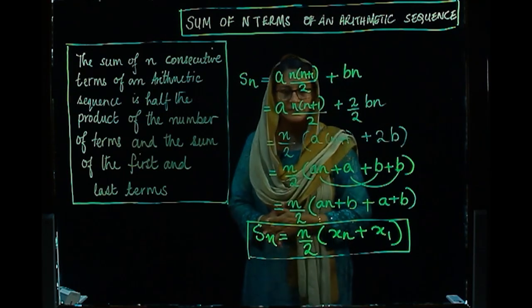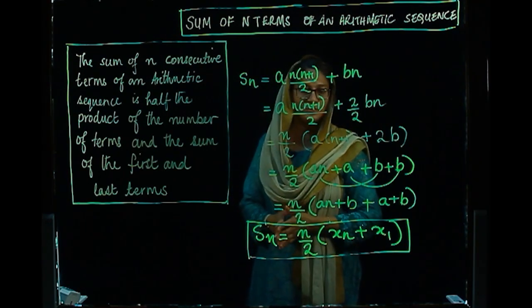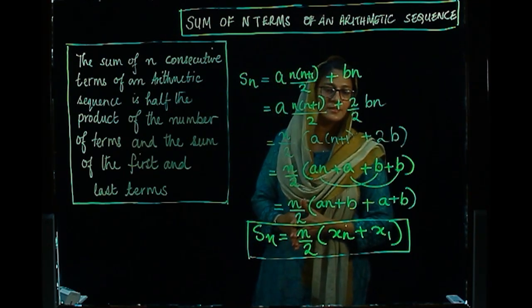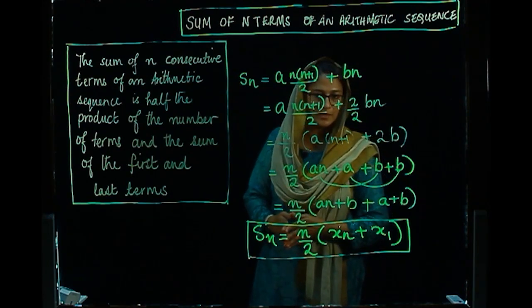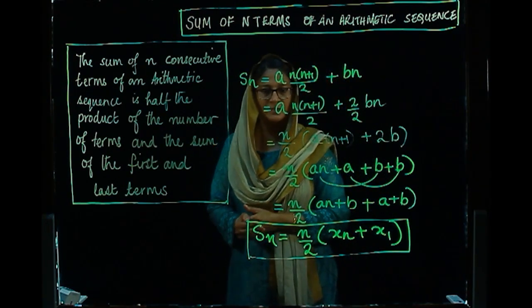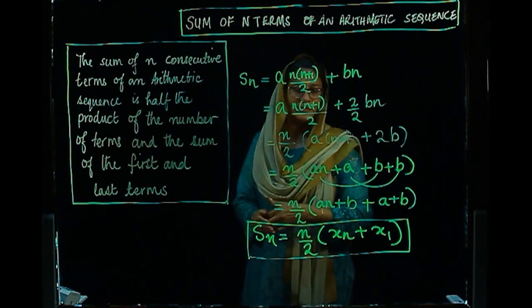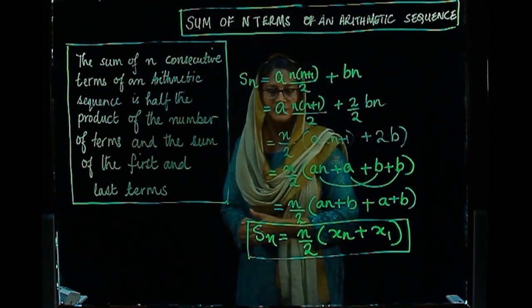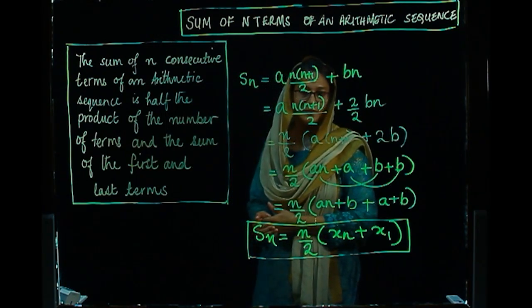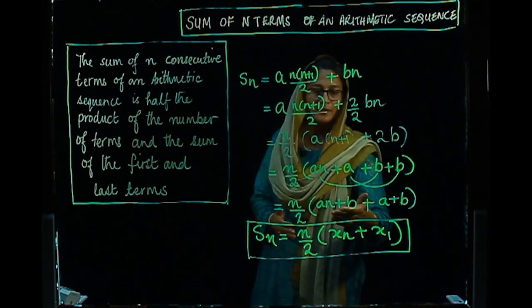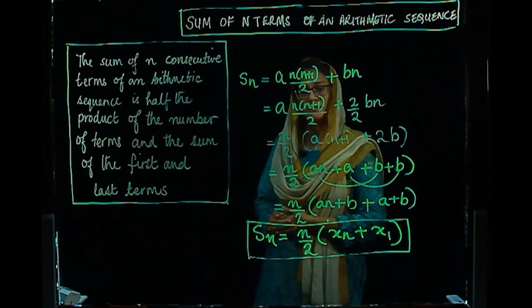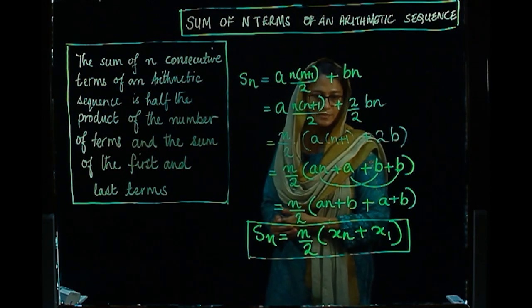We have just obtained that Sn is equal to n by 2 into xn plus x1. N is the number of terms in the sequence. N by 2 is half the number of terms of the sequence, multiplied by xn plus x1, which means the sum of the first and the last terms.